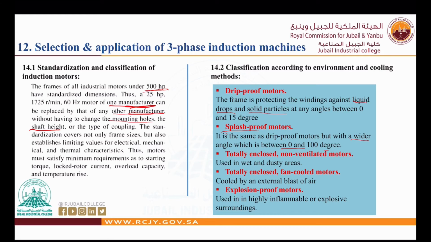So it is closed, but it is cooled by a fan from outside, so we blow air onto the motor in order to cool it down. Now the fifth classification, explosion proof motors, is used in flammable or explosive surroundings.